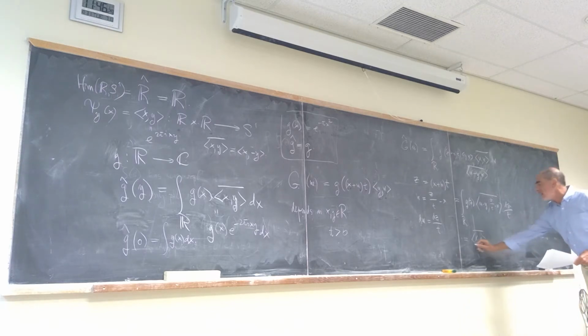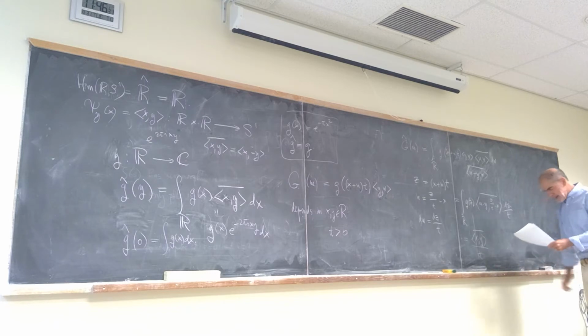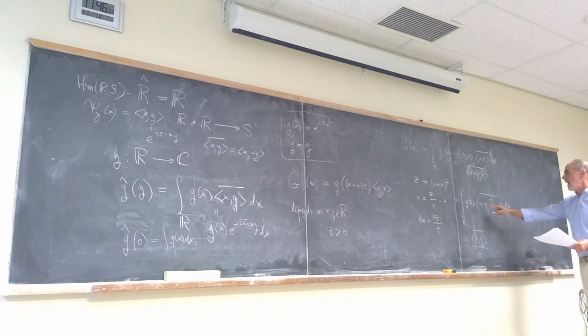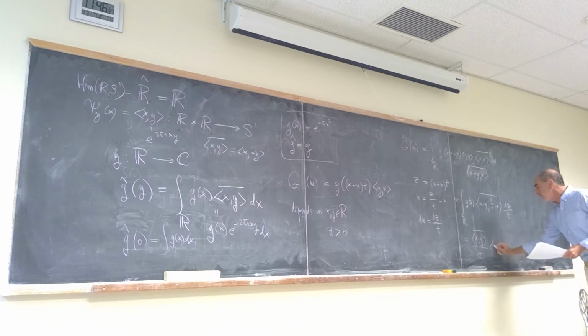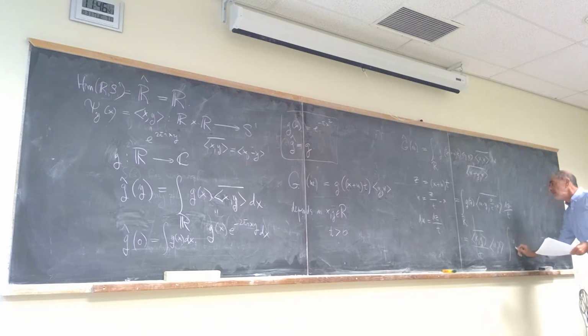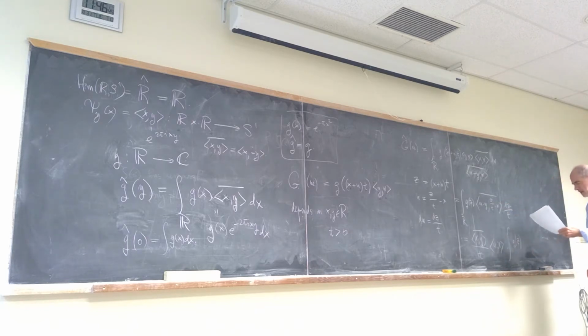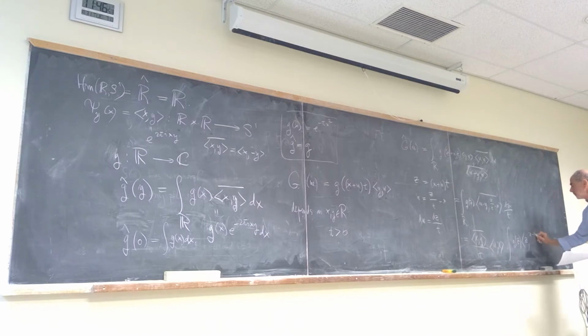I can pull out this 1 over t. I can pull out u minus y paired with x bar, which is a ux. And then I have the integral of g of z. And then I just have the pairing of z with what? Well, u minus y over t, dz.